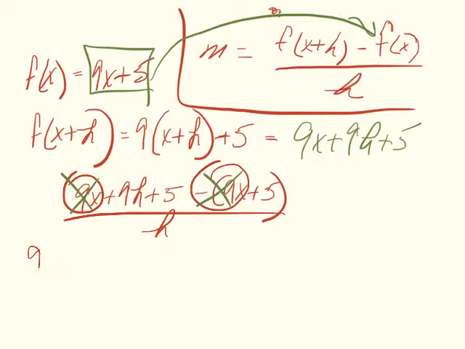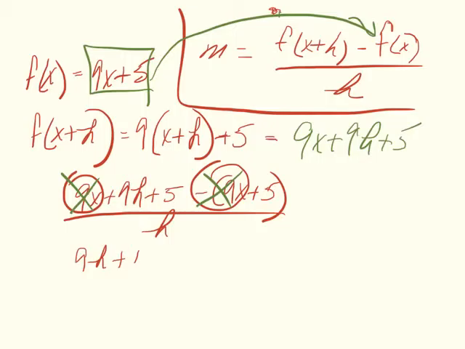I have this 9h, and that's going to stay. And I have a plus 0 because I've got this minus that distributed to the 9x, and it canceled out with that. It also distributes here, so I have a positive 5 minus 5, so that's going to go away as well.